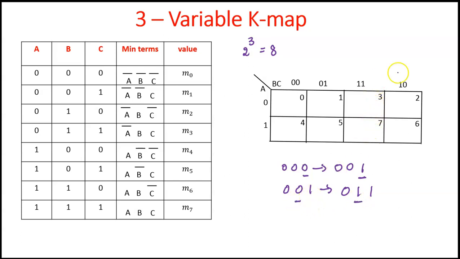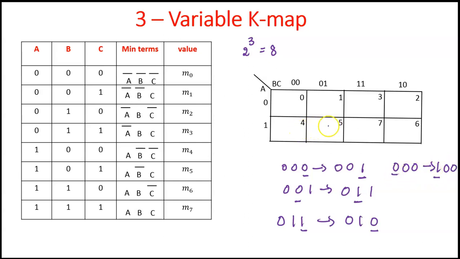Now minterm 3 and minterm 2 are 0 1 1 and 0 1 0, so here also one bit is changing at a time. If you see 0 and 4 on this adjacent side, they are 0 0 0 and 1 0 0, so here also one bit is changing at a time.